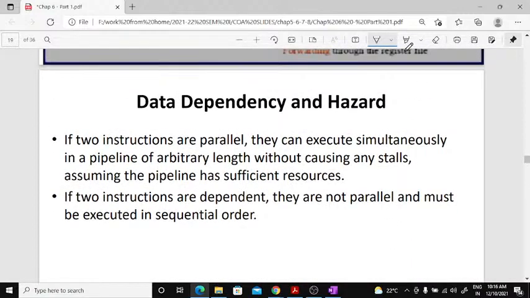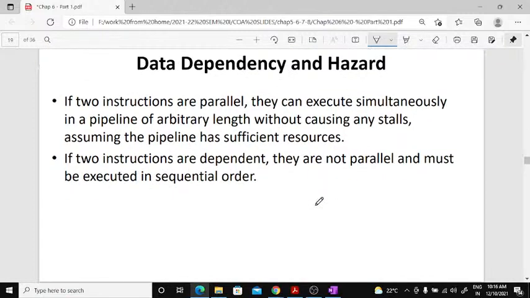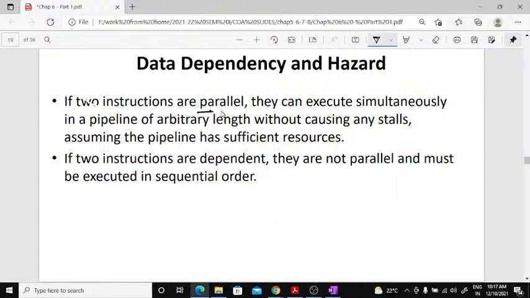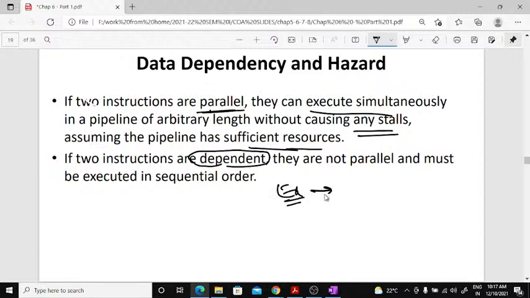So regarding data dependency, if the two instructions are parallel, they can execute simultaneously in the pipeline of arbitrary length without causing any stalls, assuming that the pipeline has sufficient resources. But if the two instructions are dependent, as in our example, the two instructions are dependent.